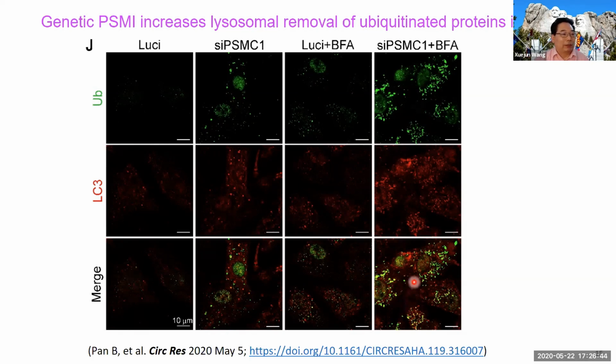And these aggregates are primarily co-localized with LC3, indicating that lysosomal removal of ubiquitinated proteins is significantly increased in proteasome-inhibited cells.